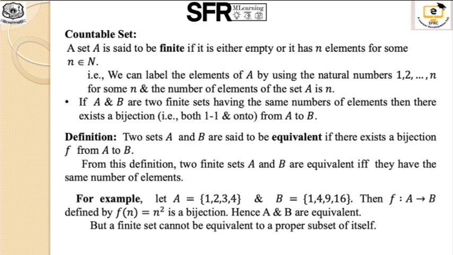That means if they have the same number of elements, there is a bijection from A to B. That is the definition of equivalent sets.